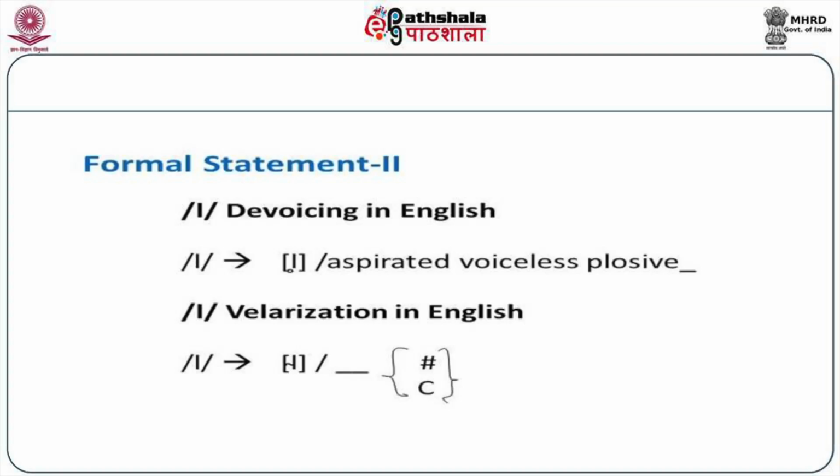And there is a second rule, namely velarization in English, which changes an alveolar l to a velarized l before word boundary or before a consonant. Now, according to the item and process conception, you have a phoneme l and its allophones result from the application of two rules here. These rules have been given the name devoicing and velarization in English.